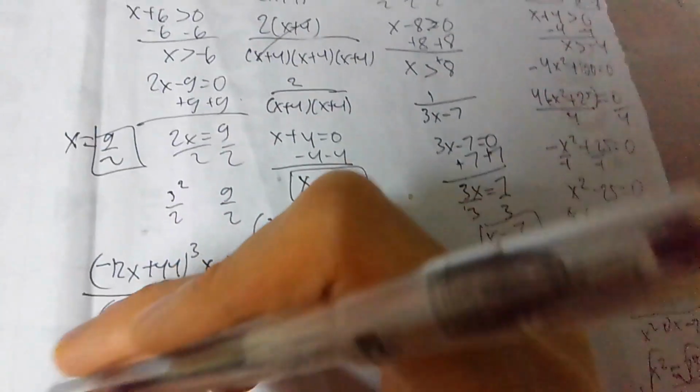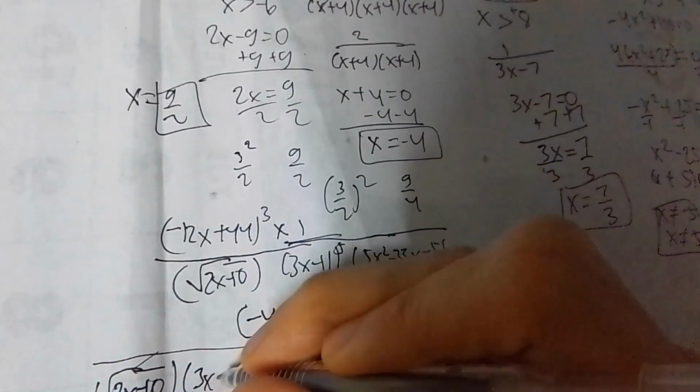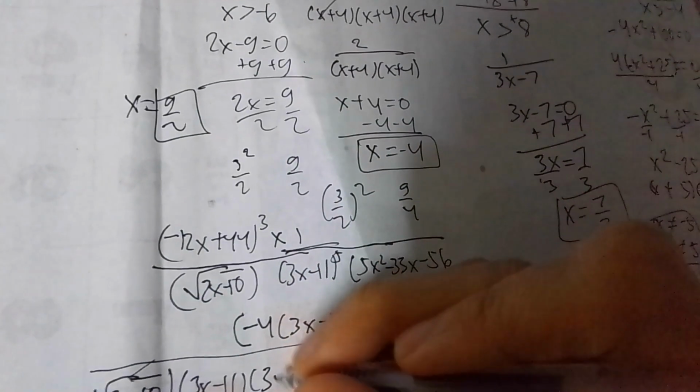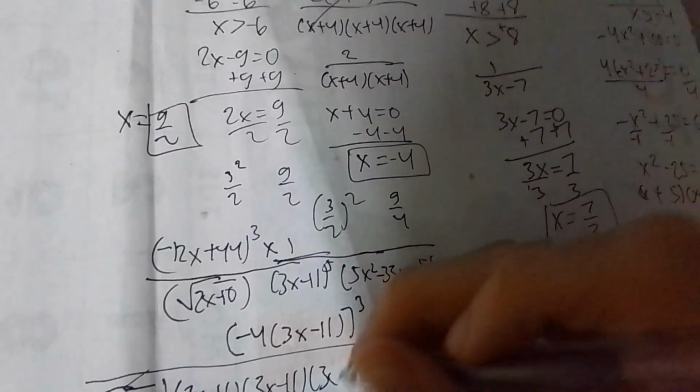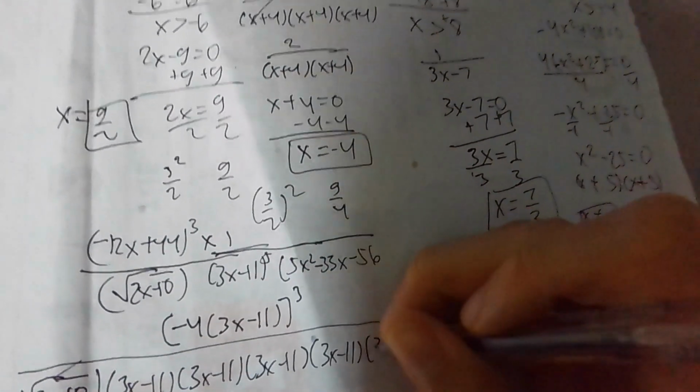Right? And then we have a very long denominator. We have 2x plus 10 here, and then we have 3x minus 11. We have to write that 5 times: 1, 2, 3, 4, 5. Just like that.